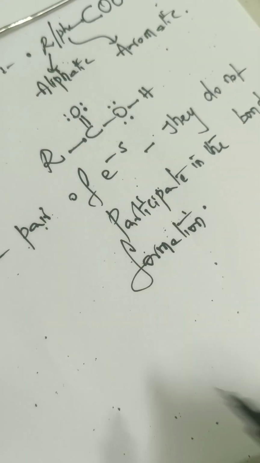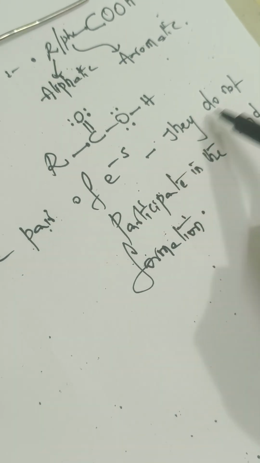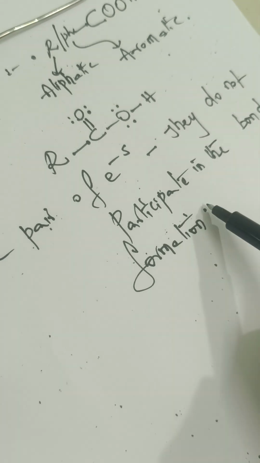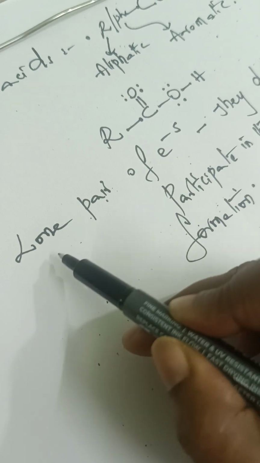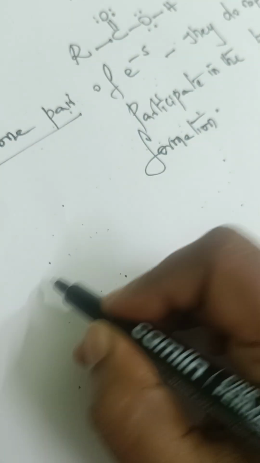Lone pairs of electrons are the pairs of electrons that do not participate in the bond formation. That is called a lone pair of electrons. Next, coming to bond pair of electrons.